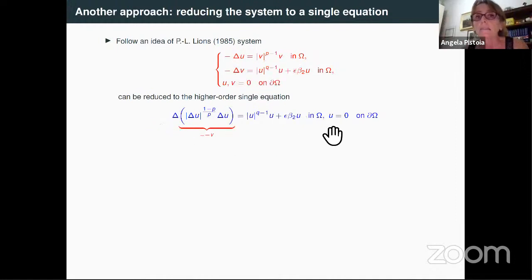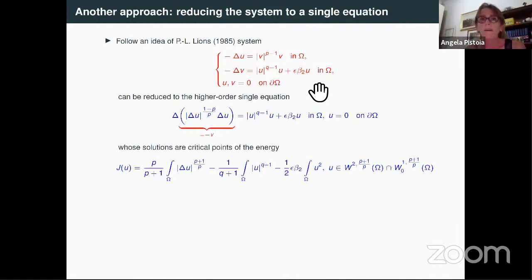What you get is a higher order single equation. If you solve this problem, then v given by this formula solves the second, the pair u, v solves both the equations.